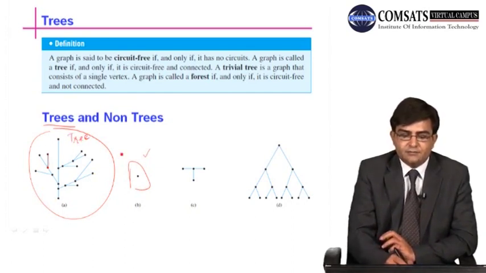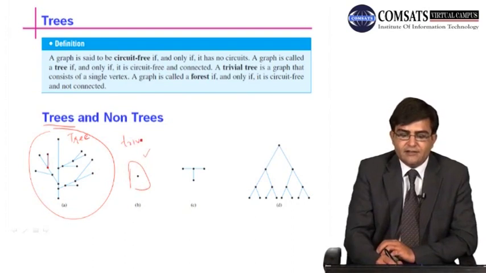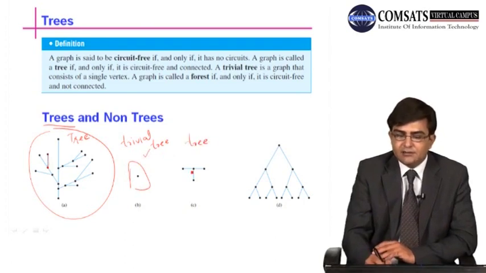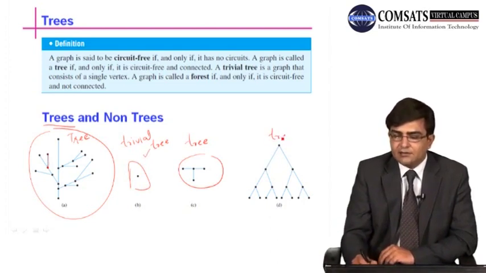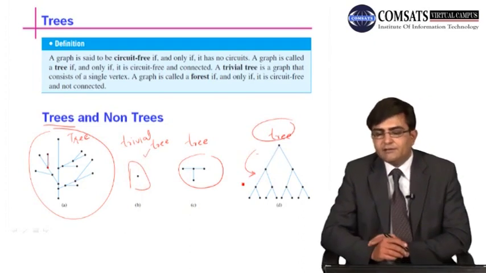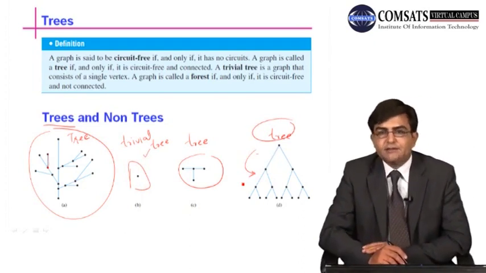So it's a tree. It's a trivial tree because it has only one vertex. It's also a tree because it's circuit free and connected. It's also a tree because it's circuit free and also connected.